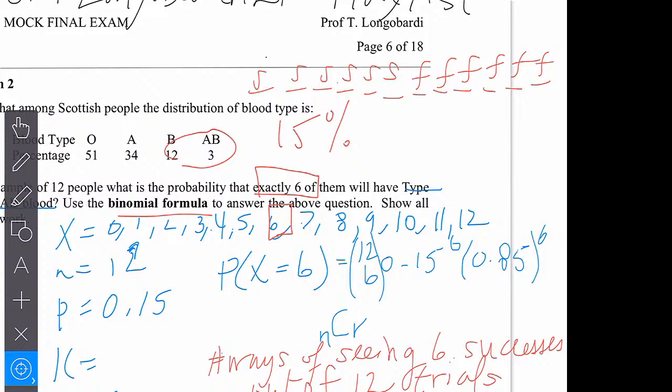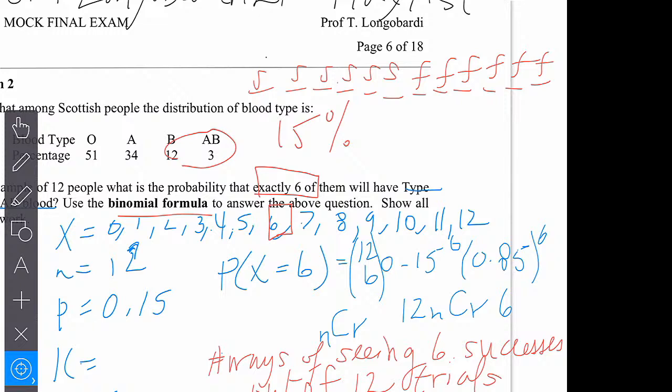So you could either list them or you can use your calculator to find them. So you punch in your calculator 12 nCr 6. Depending on how your calculator computes that, you might have to hit the second function keys. So what do you get when you do that? Let's see if you guys know how to do that.